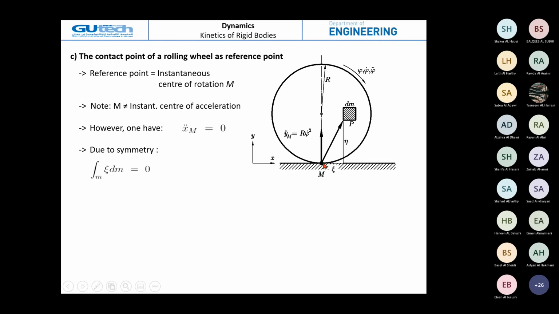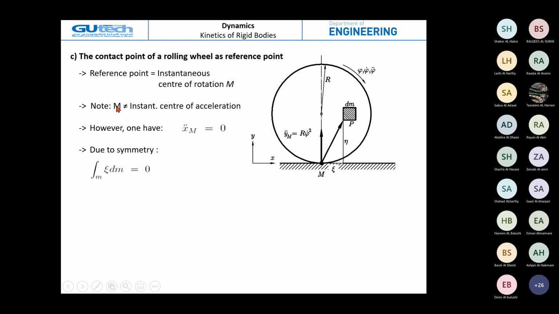That means here we take this contact point M, and here we take the infinitesimal mass, which we note also by P. We have our Cartesian coordinate system XY, and this will rotate with the angular velocity phi dot and angular acceleration phi dot dot.